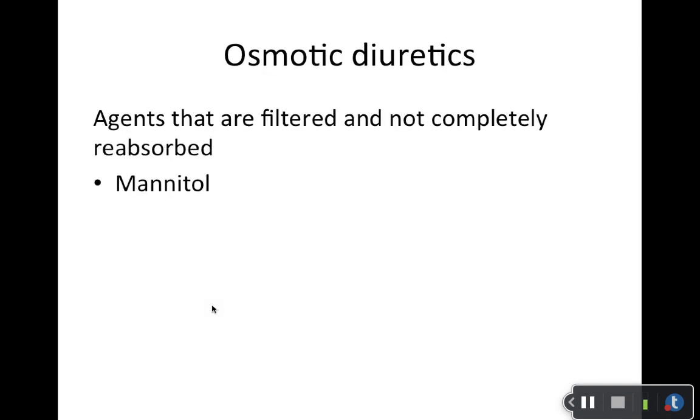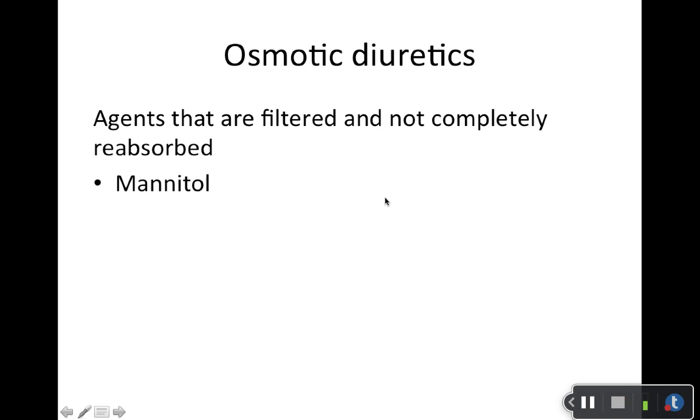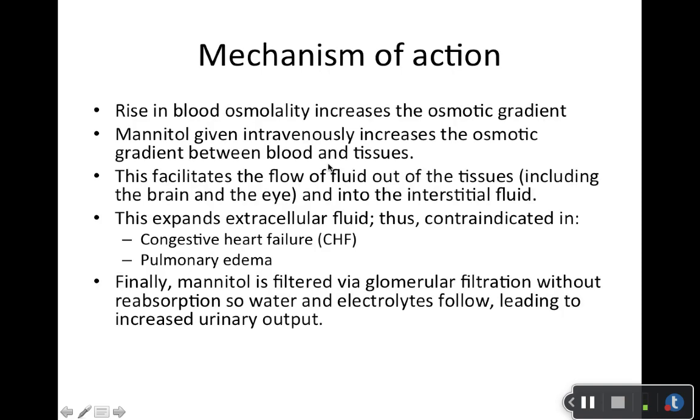Osmotic diuretics, so yeah, and also put a star by that one. I think it goes without saying, but osmotic diuretics, we have the mannitol. Mechanism of action here, they basically work via osmosis, and that's why the name osmotic diuretics comes from. But basically the osmotic gradient causes osmosis, and then it causes fluid excretion.